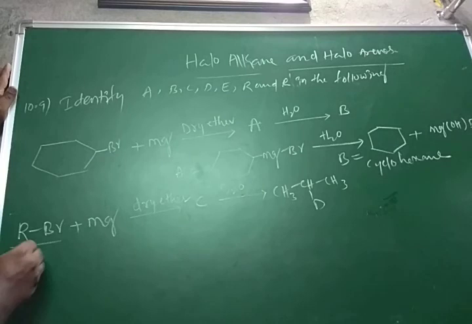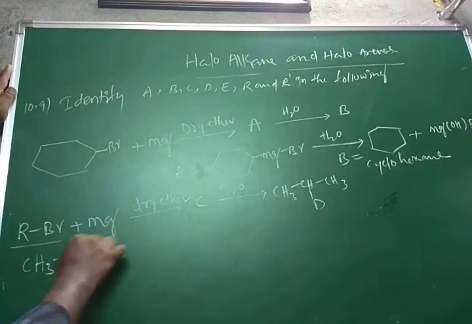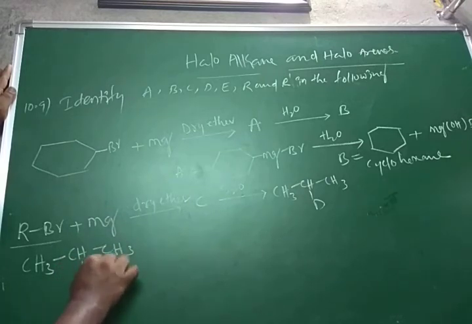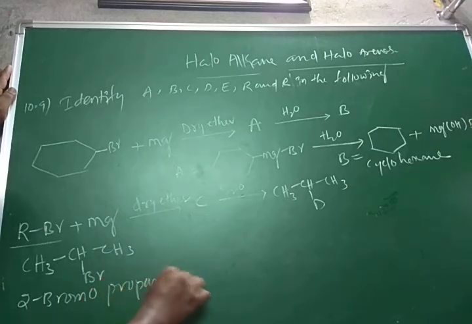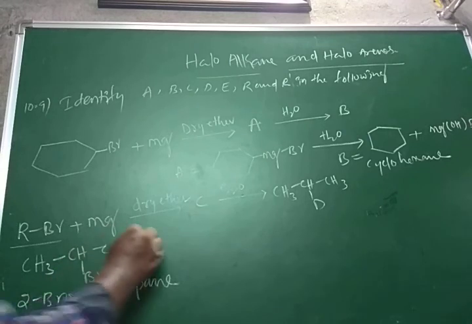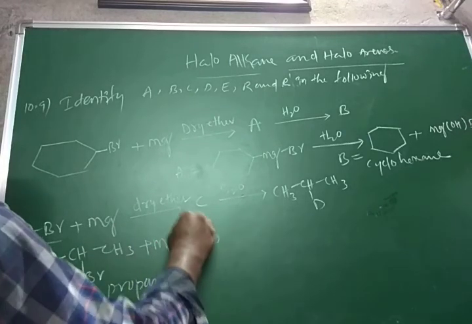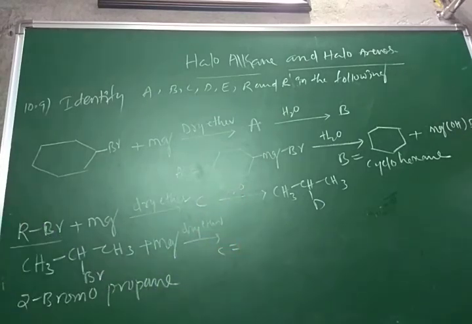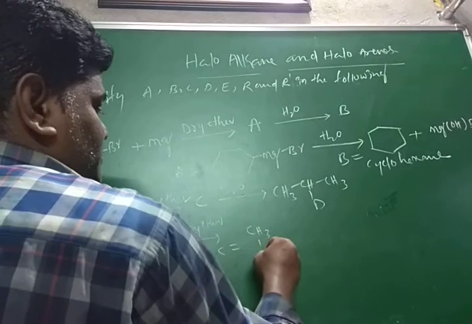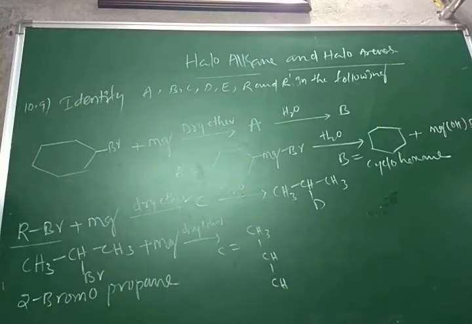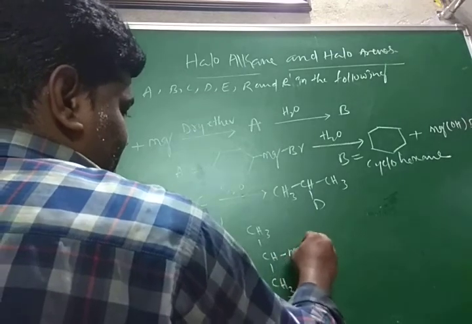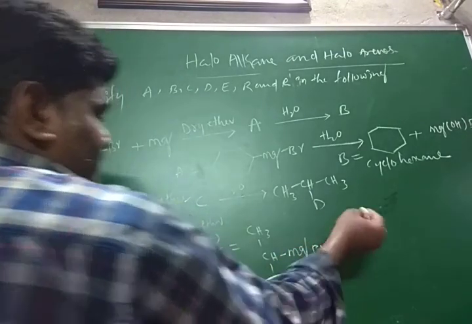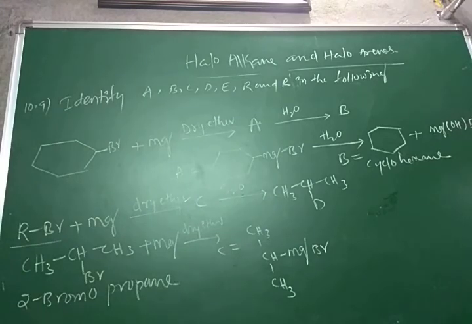Here take 2-bromopropane, CH3 CHBr CH3. On reaction with magnesium in the presence of dry ether, the C product is CH3 CH(MgBr) CH3, an alkyl magnesium halide, RMgX.